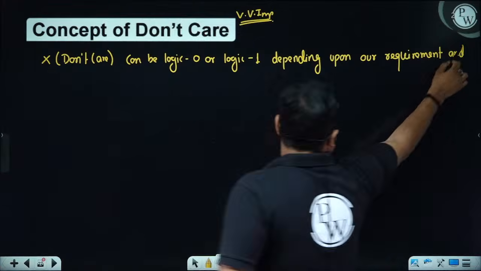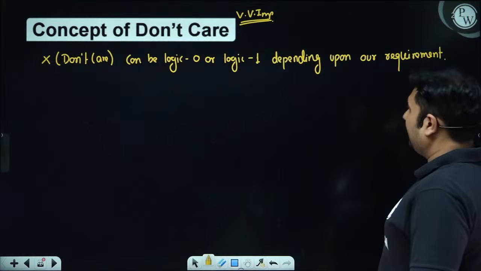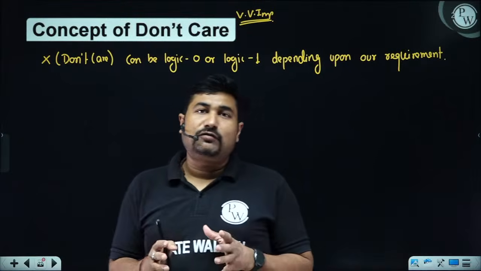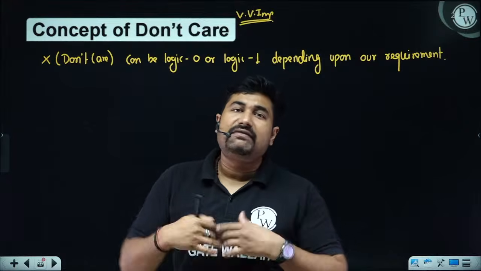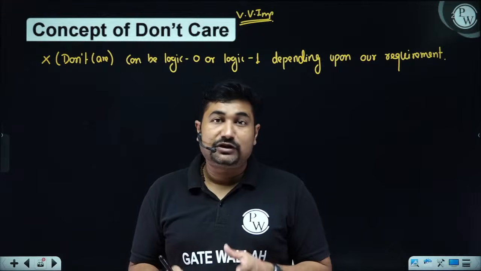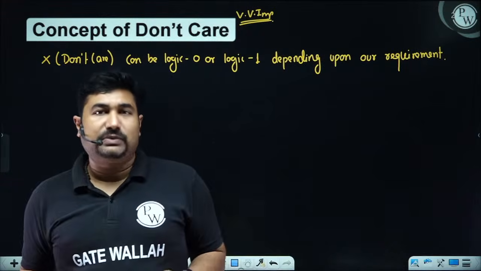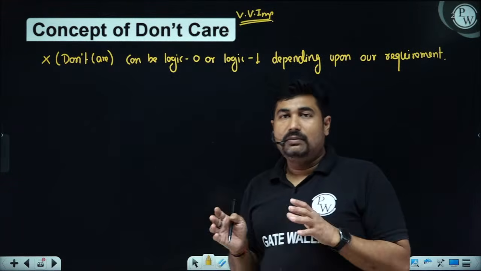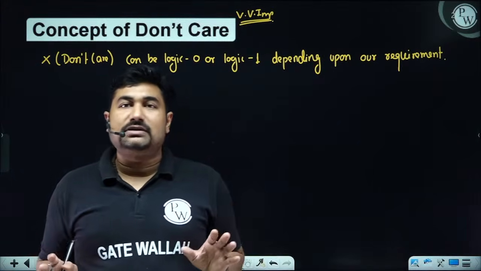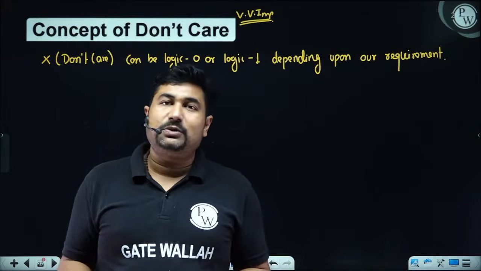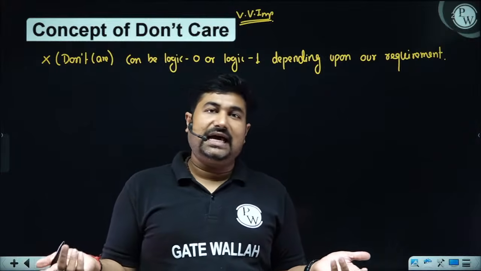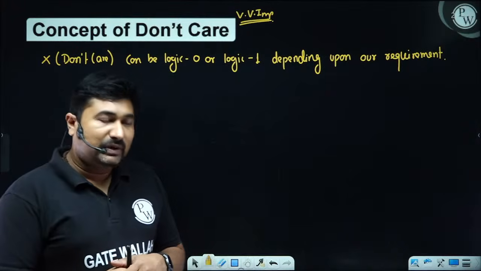Basically, there are certain sets of input combinations which are never going to appear. For such combinations of input, which are never going to appear, we will consider the output to be either 0 or 1, because ultimately if such input is never going to appear, then its output will have no sense. So we can just consider it as logic level 0 or 1. But one thing is very important.